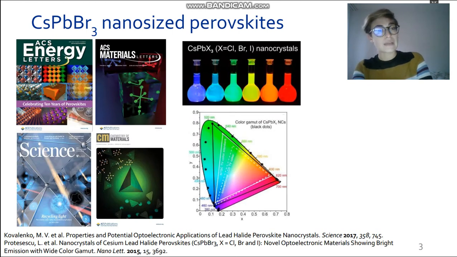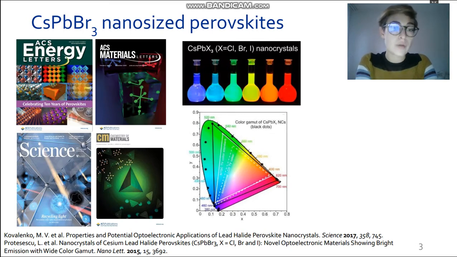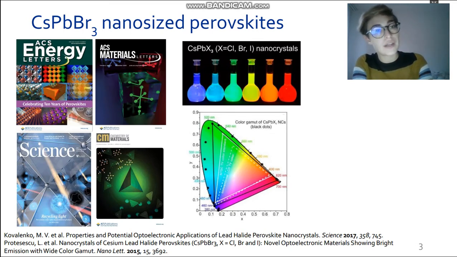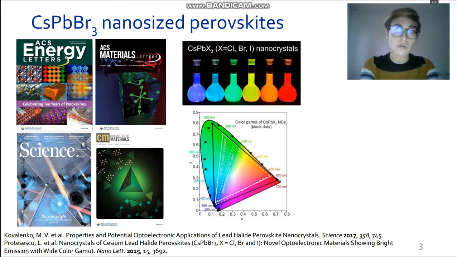In the last few years, cesium-lead bromide perovskite semiconductor materials have gained wide interest for their optoelectronic applications. Compared to the bulk form, at the nanoscale their physicochemical properties are not only maintained but even enhanced, finding application especially in lighting devices, such as displays, LEDs, and advanced quantum light sources.